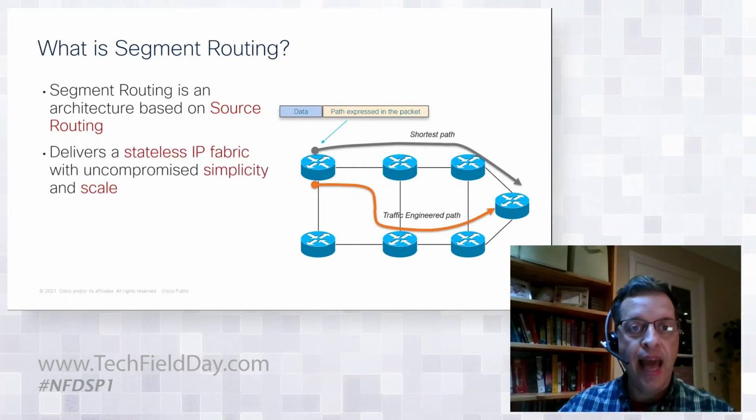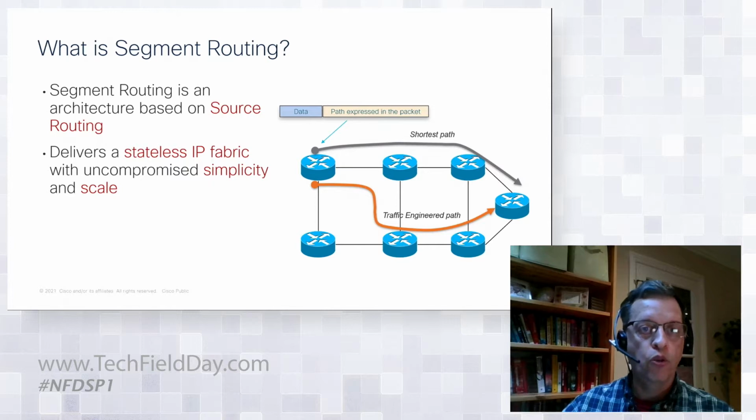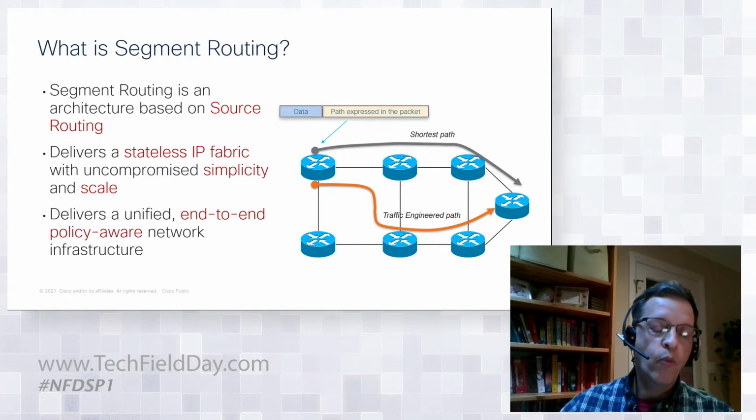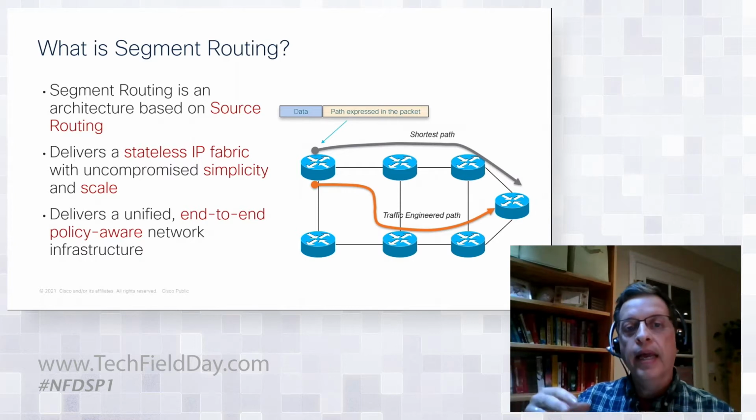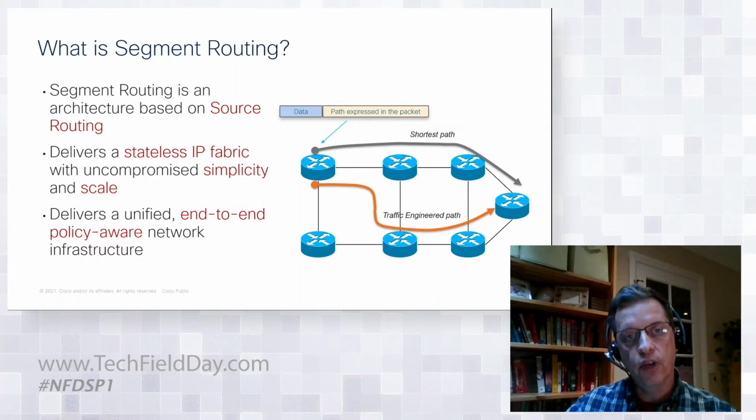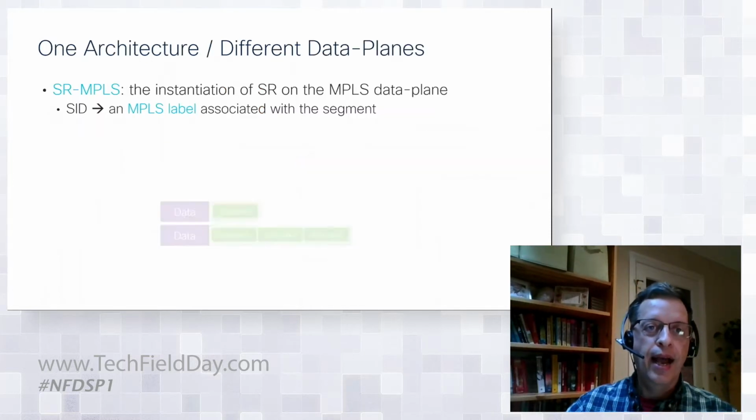What that makes is that the network becomes stateless. There is no state in the middle sections of the network. All the state was imposed by the source. And what that allows us to do is to deliver a unified end-to-end network with policy awareness over the infrastructure. So, super high level of what is segment routing.